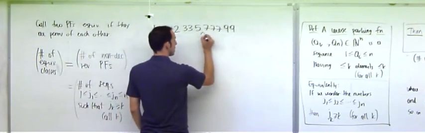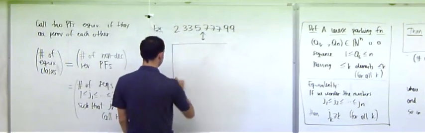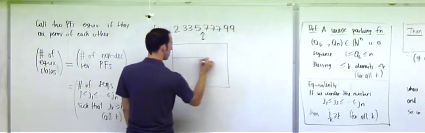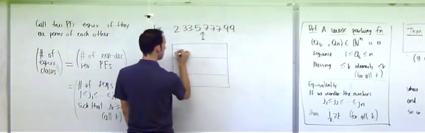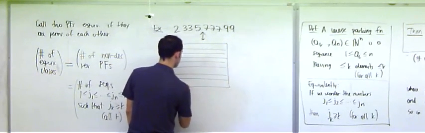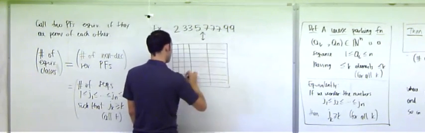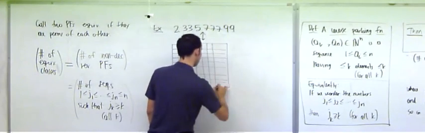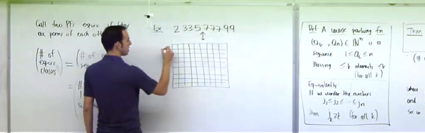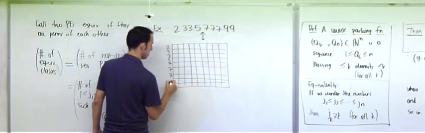I want to count these things, and it turns out that there's a very nice graphical way of representing them. Let me make a board of size 9 by 9. Now let me put the numbers here: 2, 3, 3, 5, 7, 7, 7, 9, 9.